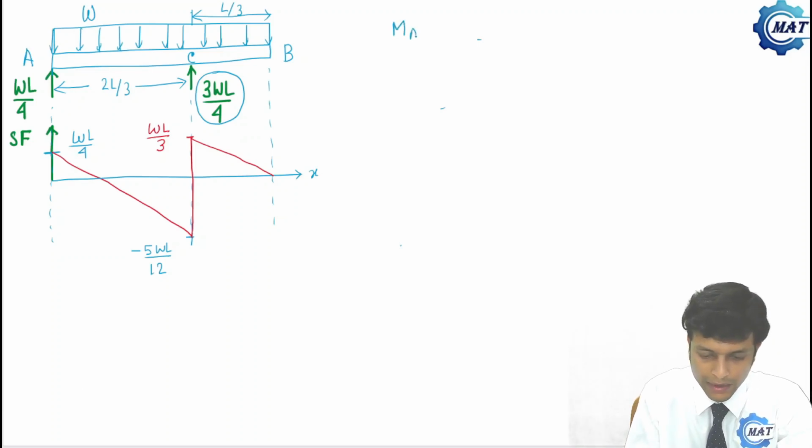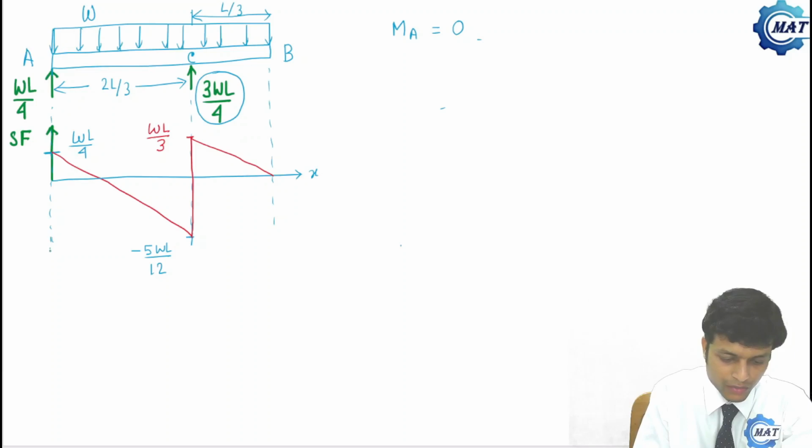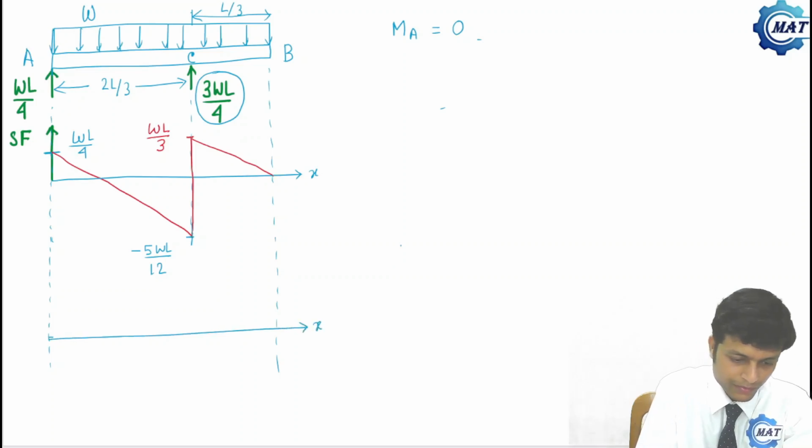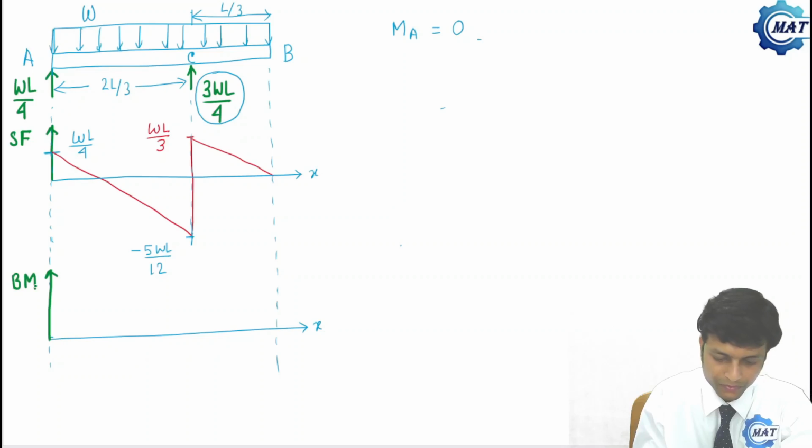That is the bending moment at point A. That is 0, because this is a hinge joint and a hinge joint produces no bending moment in the beam. So MA is 0. Let me draw it. This is for bending moment.